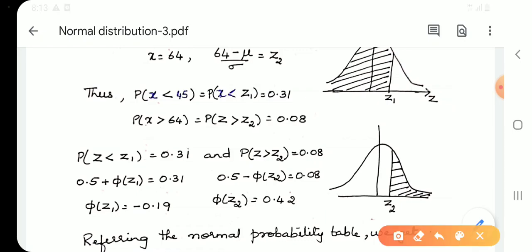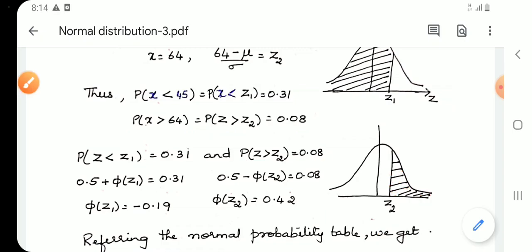Similarly, I will take the second result, that is P of x greater than 64. When written in terms of z becomes P of z greater than z2 is equal to 0.08. So z2 again I have drawn here in the bell curve. So we want all the points greater than z2. That means after z2 we have to shade.